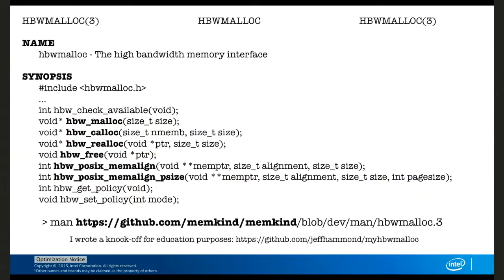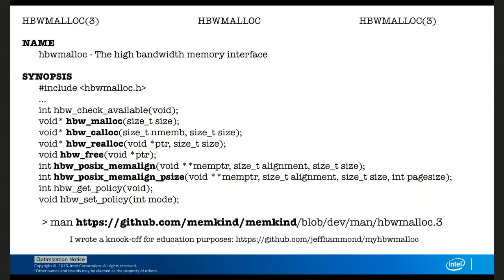So you might be curious about how it all works. Underneath the hood, it uses a jemalloc allocator. There's a TBB malloc implementation too, I think. But if you're really interested in how it works, I wrote a really stupid knockoff called myhbwmalloc, which I strongly don't recommend for production usage. It's not supported. I just wrote it for education.